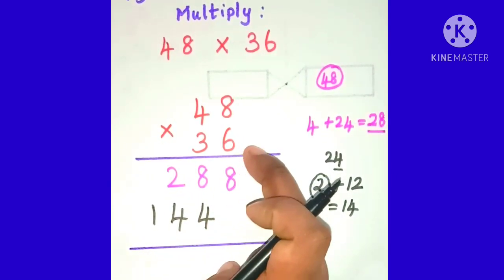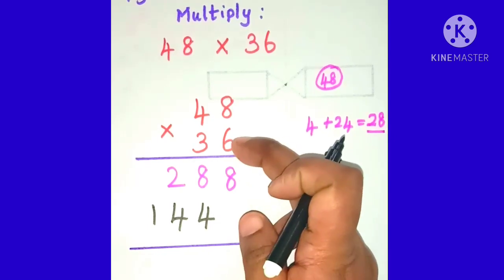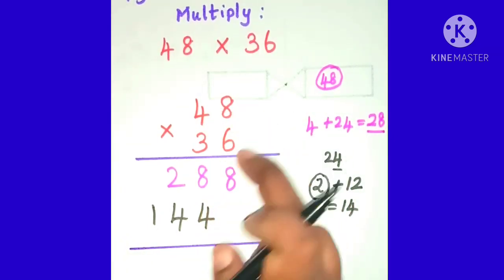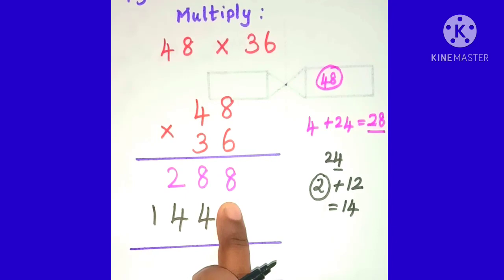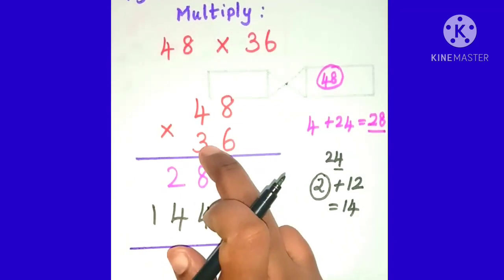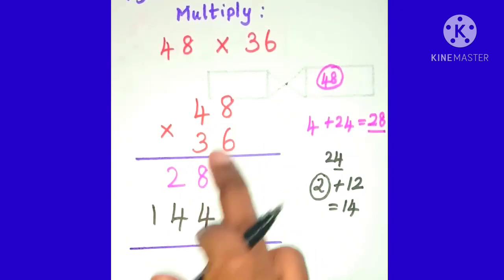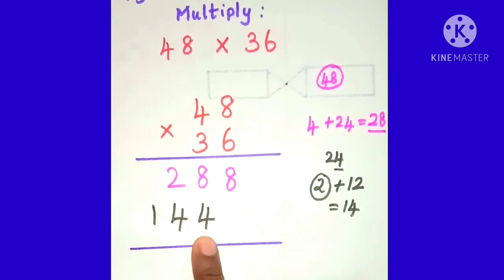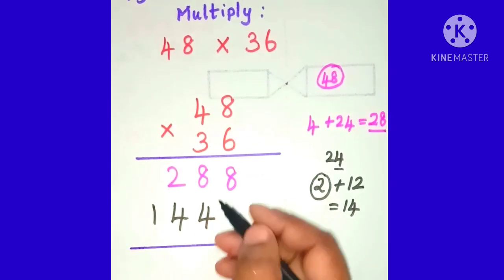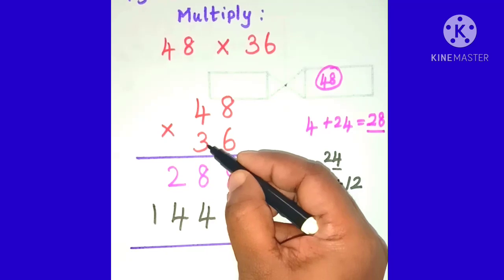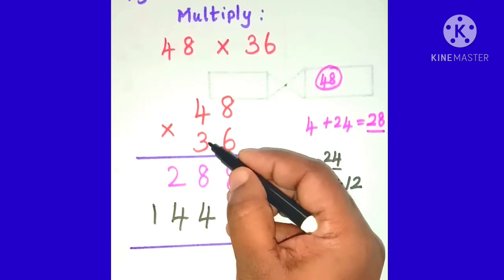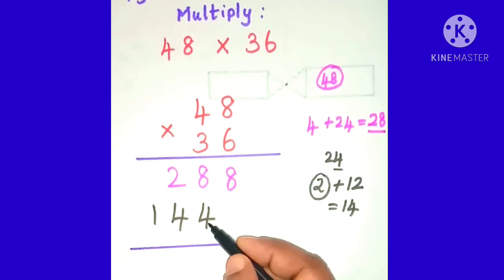So students, listen carefully. When you multiply 6 with 48, you get 288. When you multiply 3 with 48, you get 144. And for the second digit 3, which is in the tens place, you have to write the product value starting at tens place.